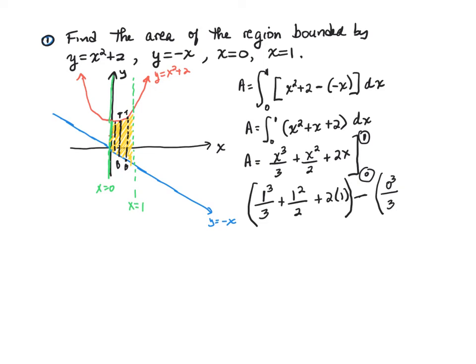And you could see that that one's going to come out to be 0, but I'm going to substitute the 0 in for x to emphasize the first fundamental theorem of calculus. And we have 1/3 plus 1/2 plus 2 minus 0. And when we combine like terms, we have to put everything over 6 here.